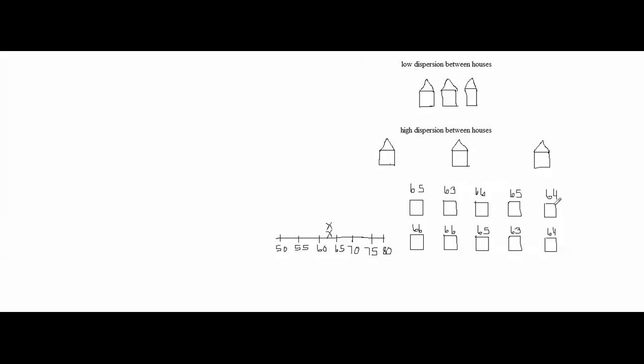We have 1, 2, 64s. I guess 64 would be about here. There's 2 more X's. And then, how many 65s? 1, 2, 3. Those would all be right here.